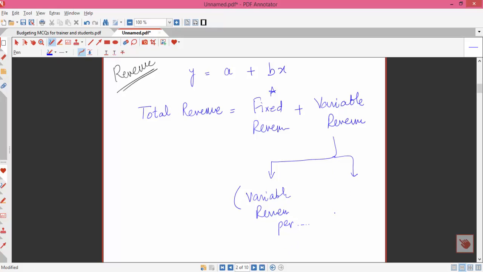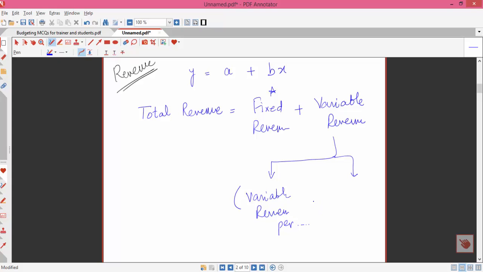So for example, we are saying that the more advertisement we do, the more revenue we will get, right? Based on our past experience, we have this data available on which we have done the regression analysis.